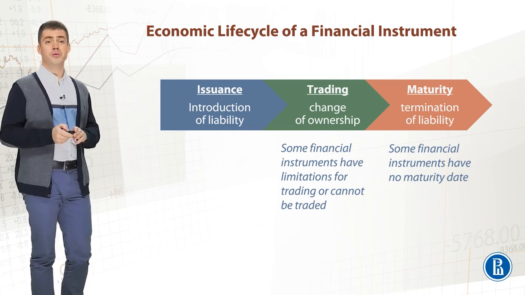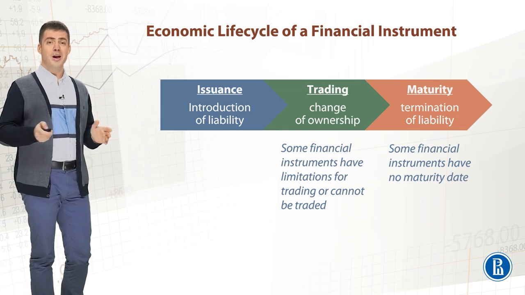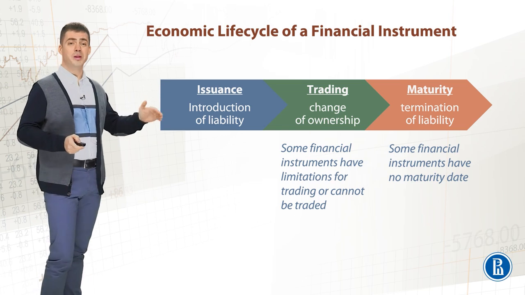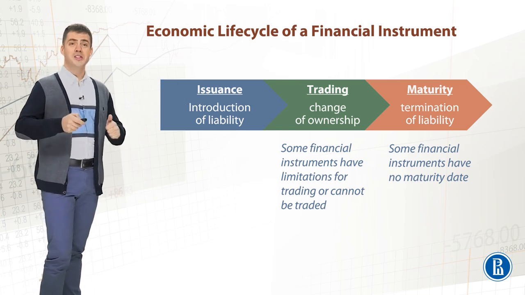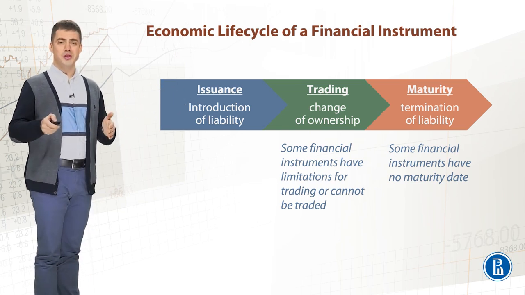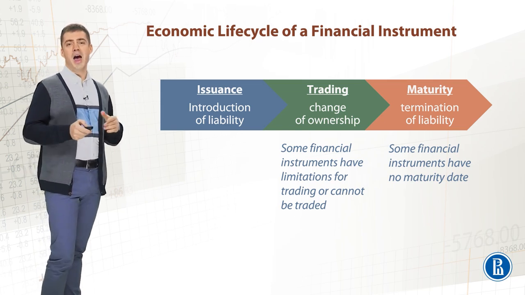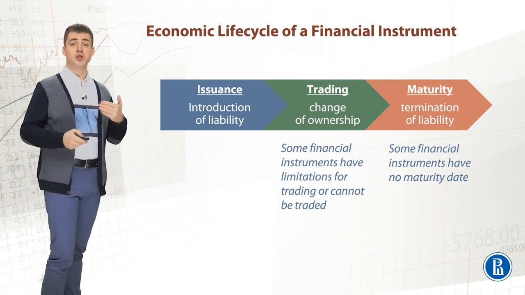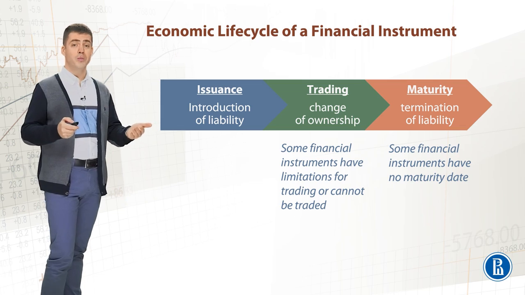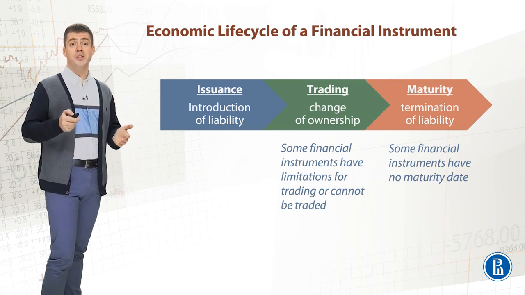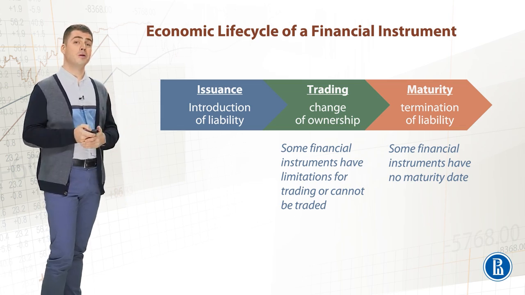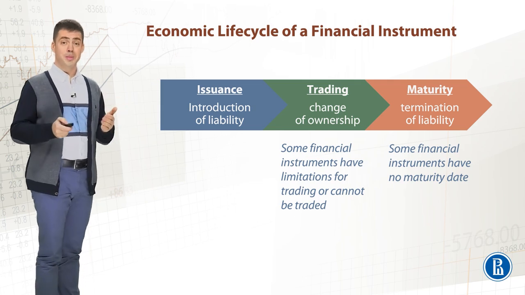As we have mentioned before, any kind of a financial instrument is someone's liability. When the instrument is issued first, this is the liability which is introduced. Then afterwards, as those instruments change hands and change ownership, this type of economic life cycle is called trading.